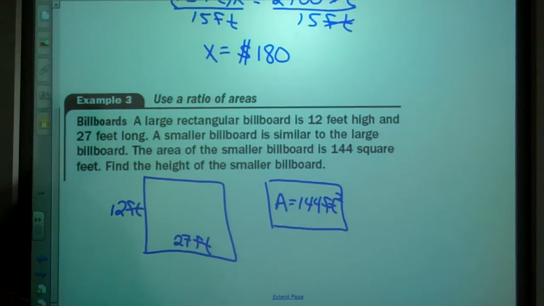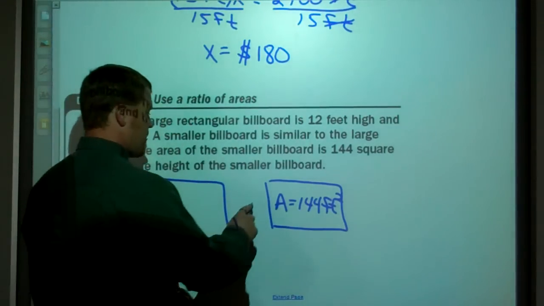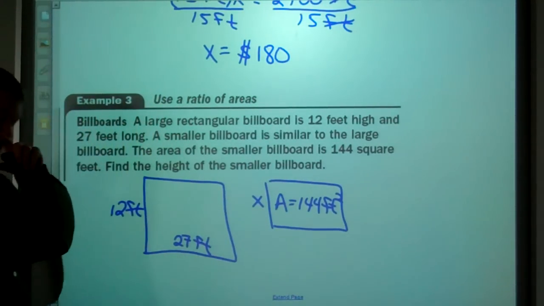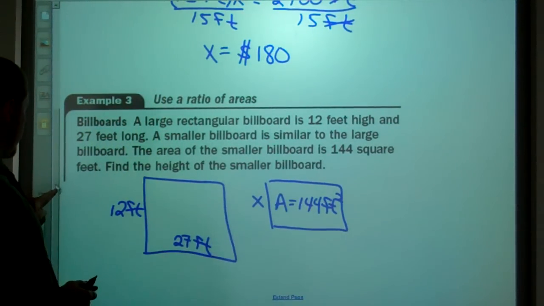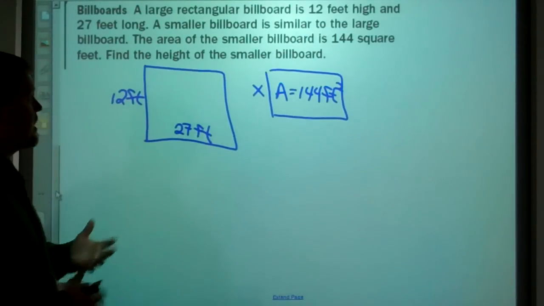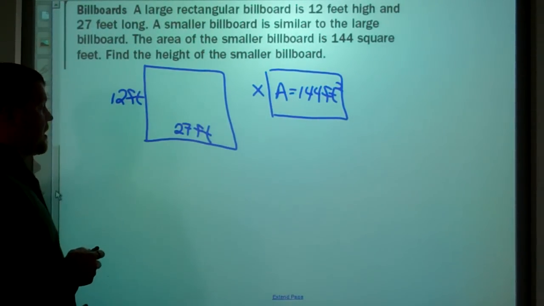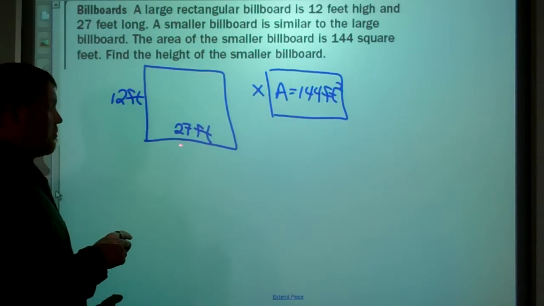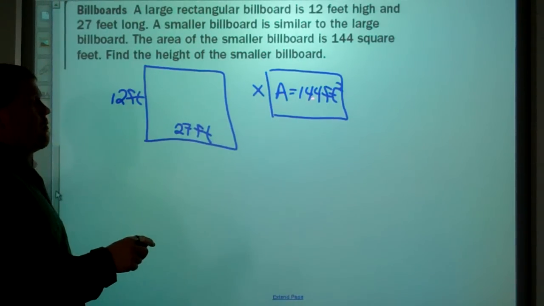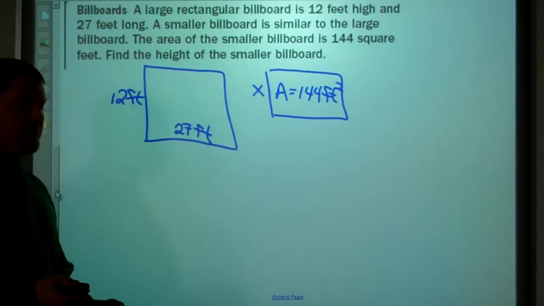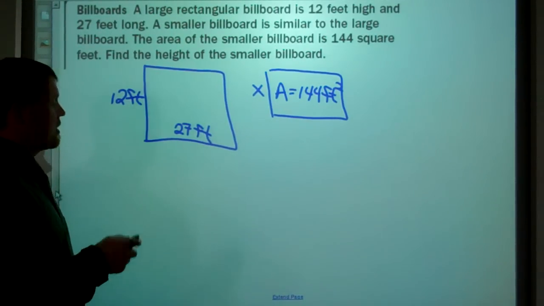Now find the height of the smaller board. What do we know? We don't have anything corresponding that we know for both figures. We have the height, don't know the height. We have the length, don't know the length. We know the area, don't know the area. Think a little bit more.